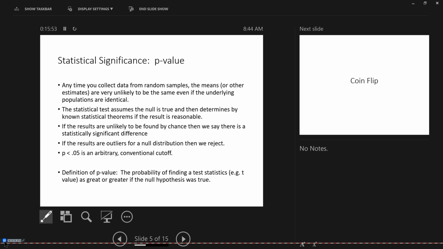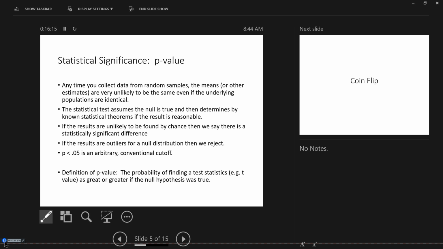There's binomial tests. We have the coin flip example, and what's the probability of finding, if we're testing a fair coin, the null hypothesis that we're trying to test is a probability of 0.5 of getting heads.